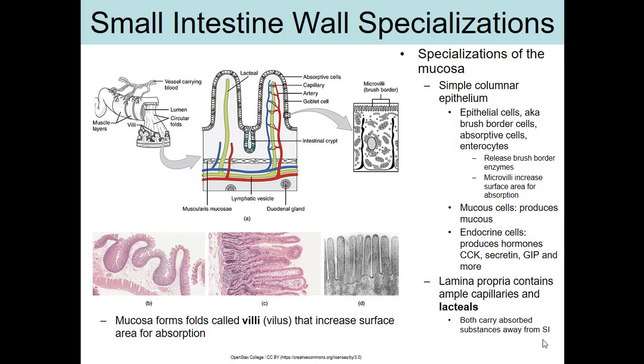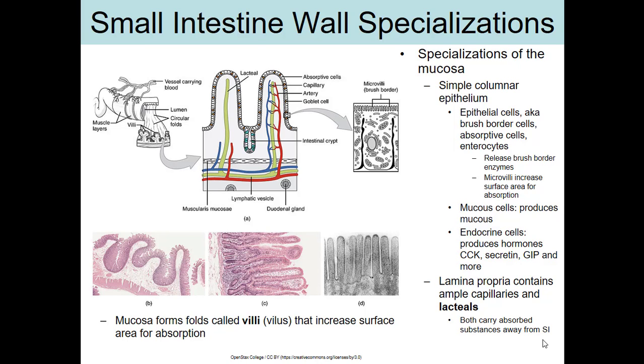If we look on the other side of the simple columnar epithelium, we'll find that lamina propria. So this is a layer of connective tissue, but it does contain capillaries and lacteals. Both of these are going to be important for transporting absorbed nutrients. So both the blood and the lymph will transport absorbed substances away from the small intestine.